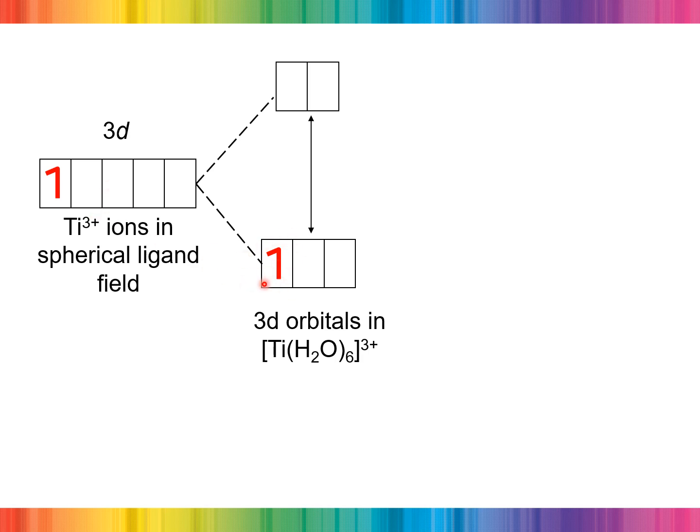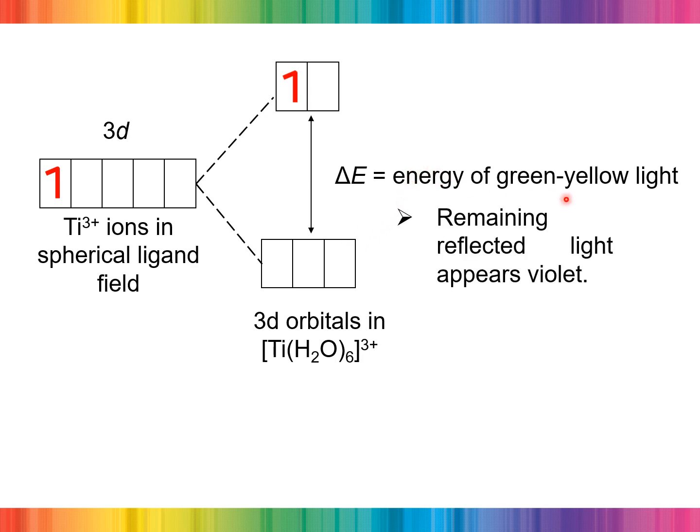There's only one electron here, and there are 2 empty orbitals here, and there's an energy gap to cross. The reason this electron can be promoted to the orbital of higher energy is because this energy gap corresponds to the energy of green-yellow light. The rest of the wavelengths will be reflected to our eyes, and that will appear violet to us.